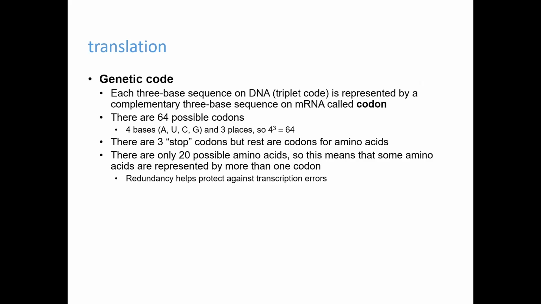On the original DNA strand, we have triplets, clusters of 3 nucleotide bases. It can be adenine, adenine, adenine, or guanine, guanine, guanine, or cytosine, guanine, cytosine, or adenine, thymine, adenine, whatever the sequence is. It's not random. It's already been specified.